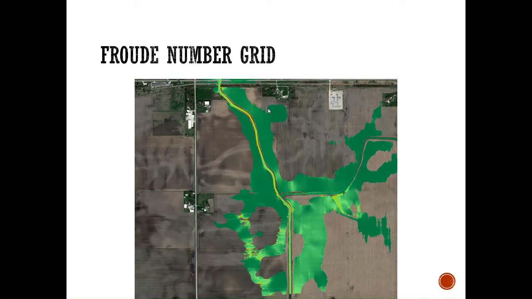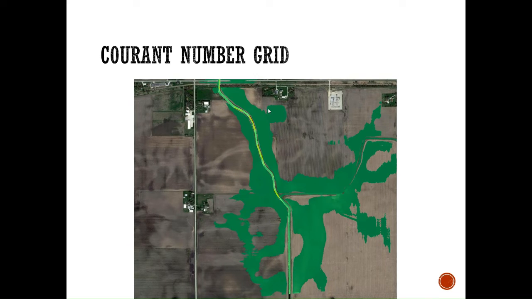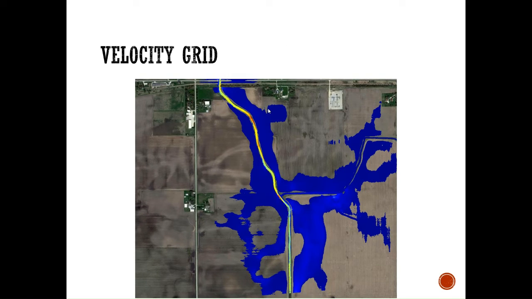So there really wasn't a hydraulic jump that would be expected within this reach. I went to verify the Courant number and found that the Courant number for the entirety of the area was well within acceptable ranges. So it wasn't caused by a time step issue. It was being caused by something else.